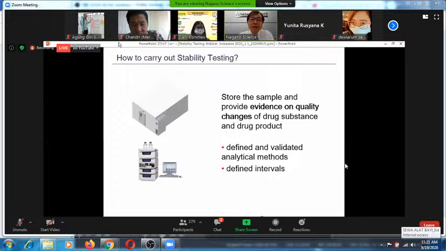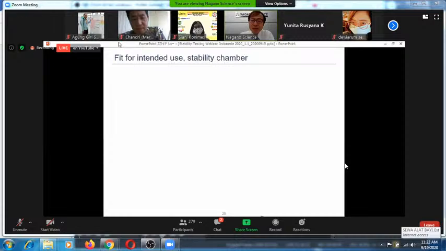And the stored sample, you have to store it under the appropriate condition, which means the stability chamber. And after storing the stability sample, this should be evaluated by validated analytical methods at appropriate intervals.